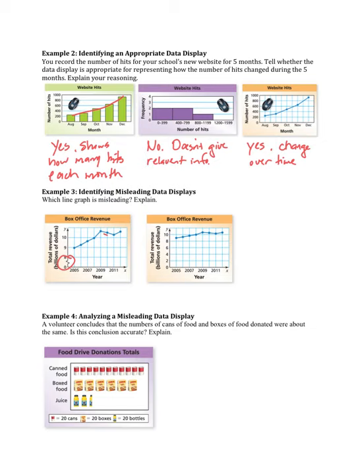This little broken axis gives us the impression that there was more change over time, but there really wasn't. So graph 1 is misleading. Growth was not that much.